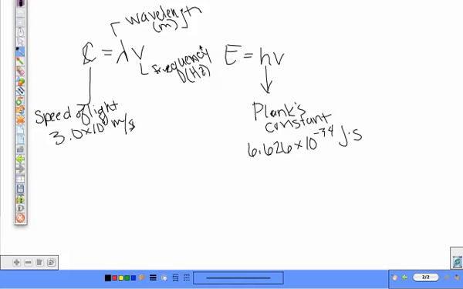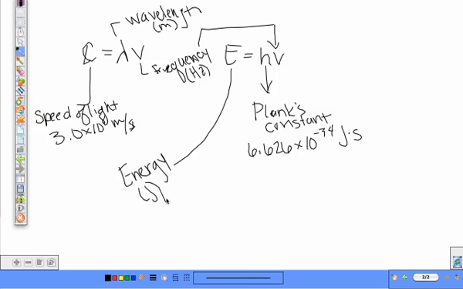Same with this V2. This V is frequency also, and then E is energy, and that's in joules.